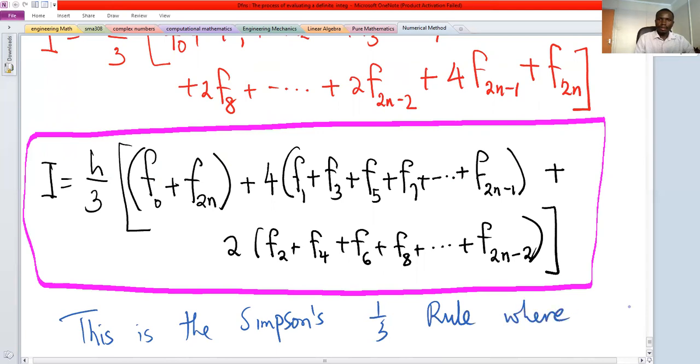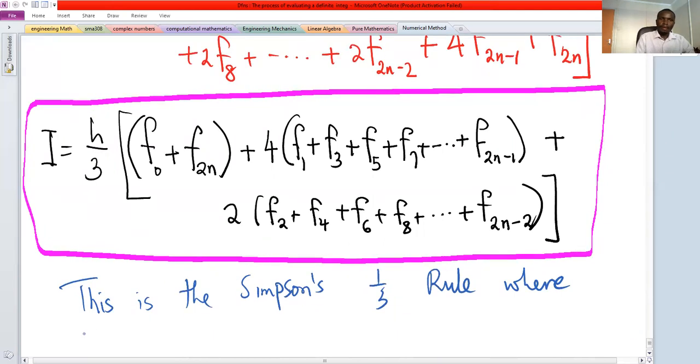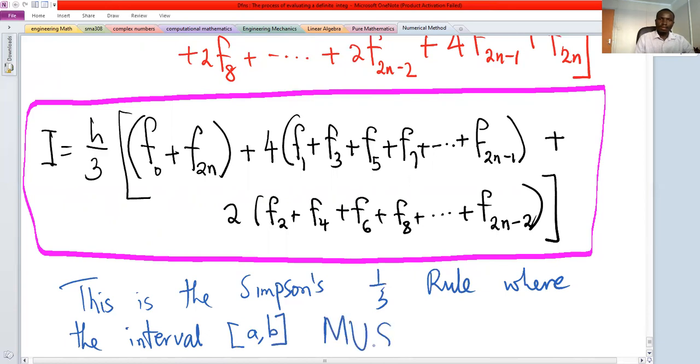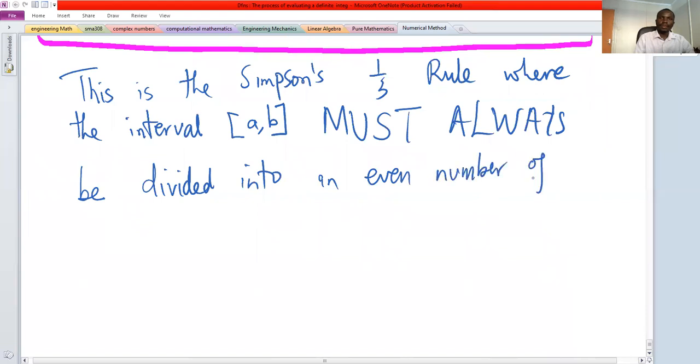This is Simpson's third rule, where the interval AB must always be divided into an even number of subintervals.